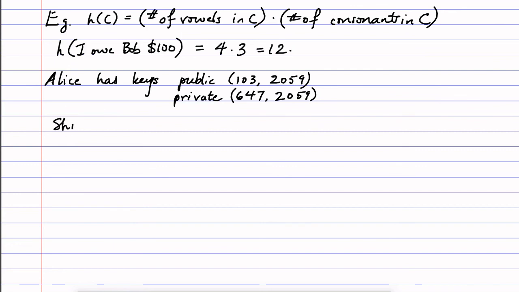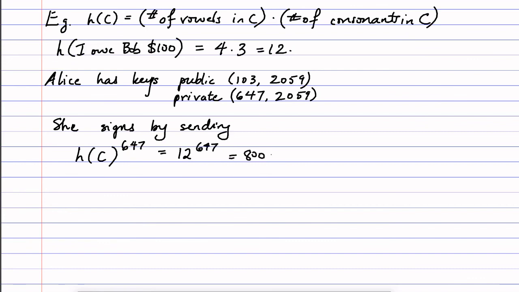So she signs by sending H of the contract to the power of her private key, so 12 to the 647, which is 800 mod 2059. She sends that to Bob.